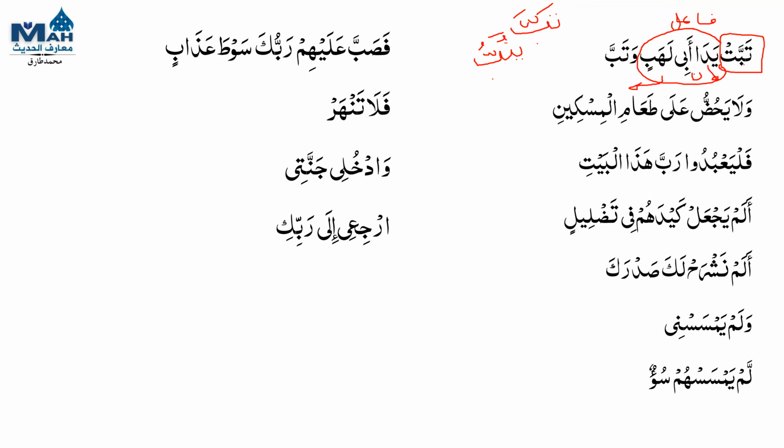Tabbat yada abi lahab. Both hands of Abu Lahab ruined. Okay, there are two meanings. One is ruined, or second, may. It is in Du'ayya Kalima. Okay. May both hands of Abu Lahab be ruined. And what is Tabba? Which fail is it, Madi or Mudare, and what is the fail?